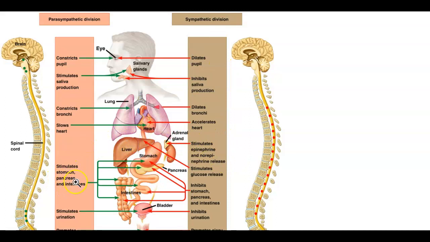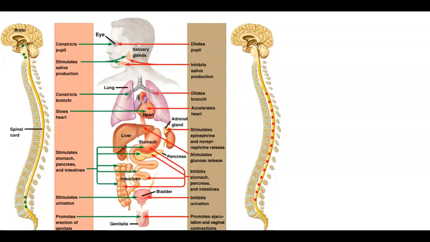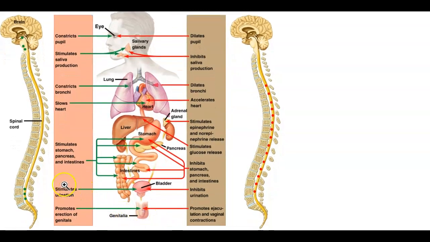The stomach is turned up during the parasympathetic system, and it is turned down during the sympathetic system. The stomach, pancreas and intestines are ramped up in the parasympathetic system, and they are ramped down in the sympathetic system. The heart rate slows in the parasympathetic system.